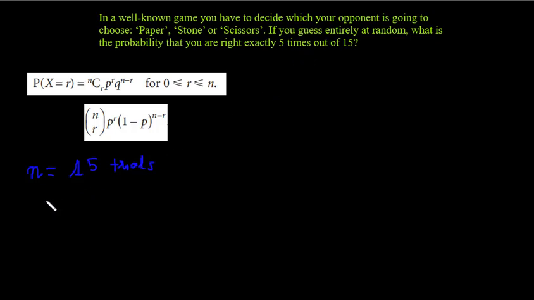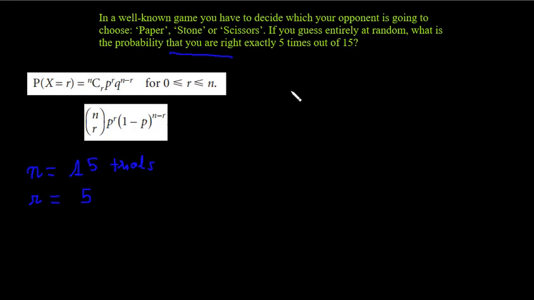Getting it right means the number of times you succeed. The number of times you succeed is denoted as r. So r equals 5.